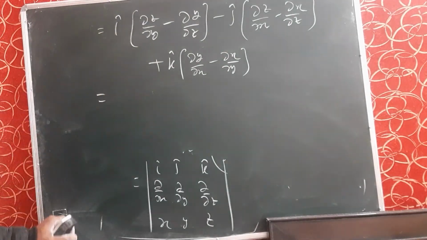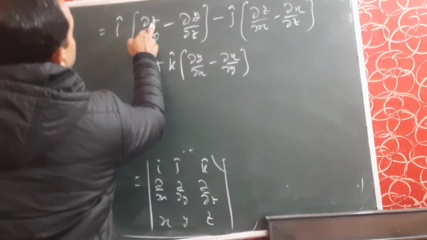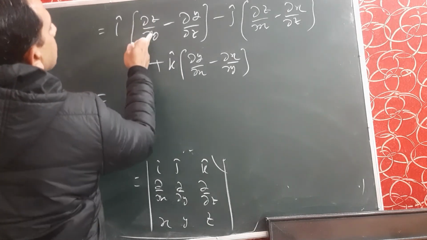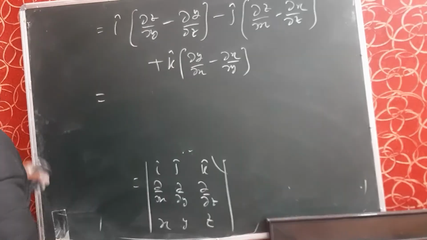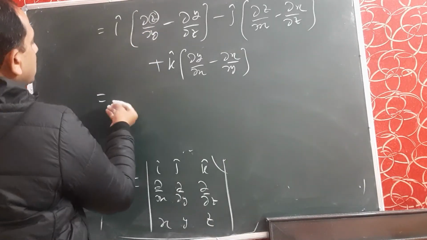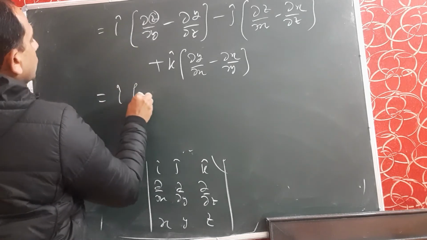Now y and z are independent; z is not dependent upon y, so z is constant with respect to y. So we will get 0.